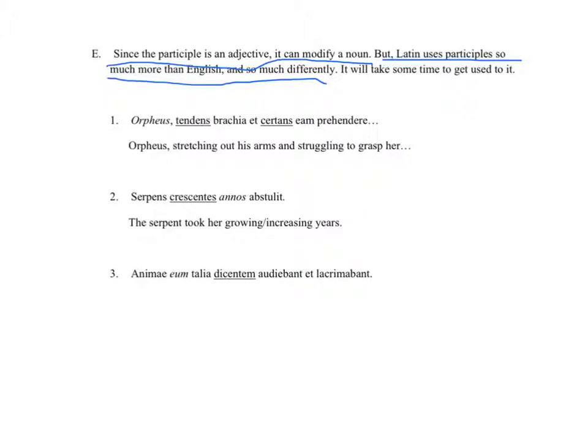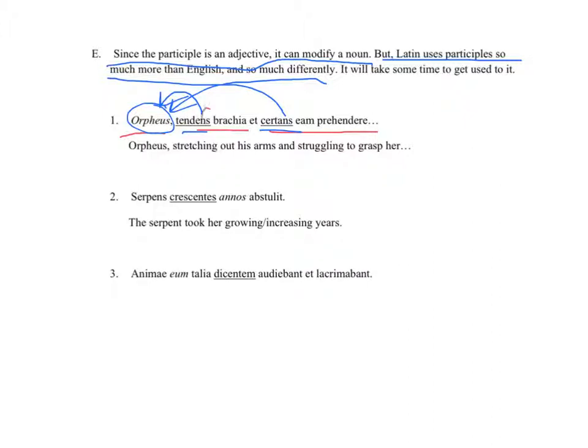Look at this first example. Orpheus tendens brachia et curtans iam prehendera. I cut off the rest of the sentence, but you'll see in italics is the noun, Orpheus, and underlined are tendens and curtans. Tendens is a participle modifying Orpheus. Curtans is a participle modifying Orpheus.